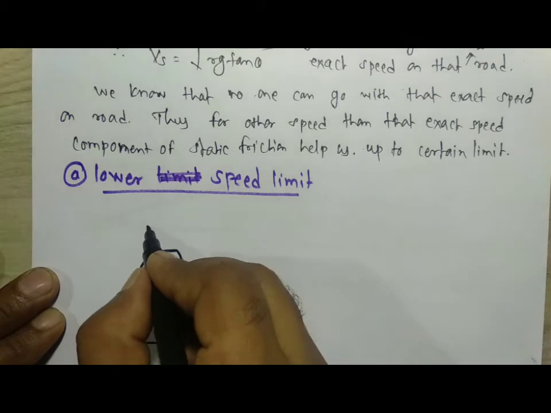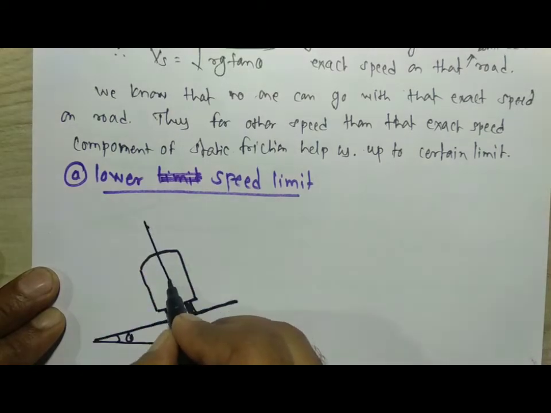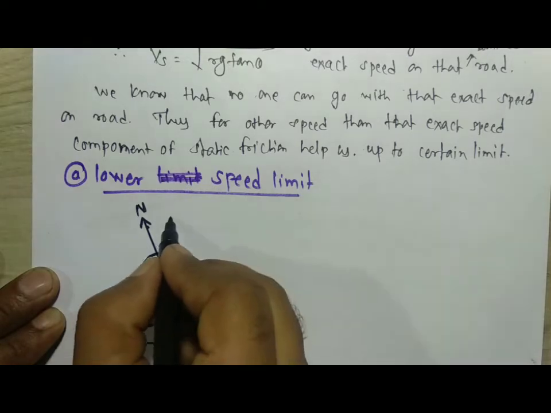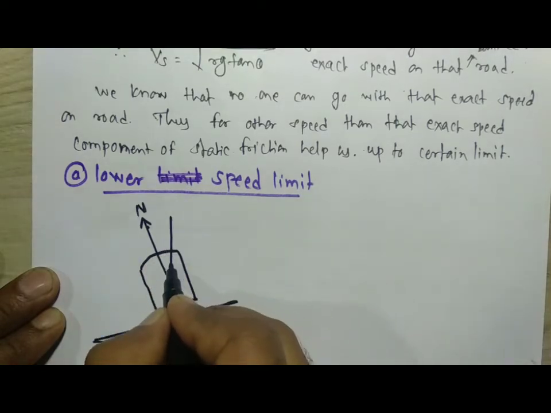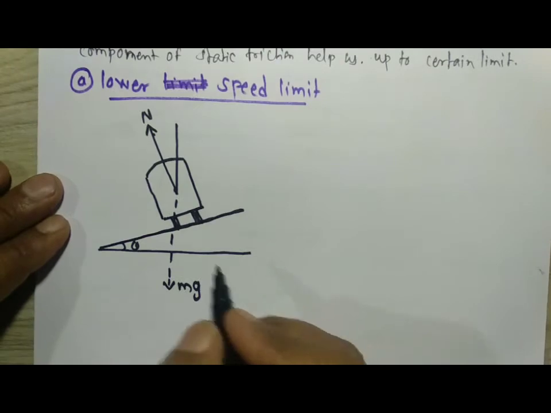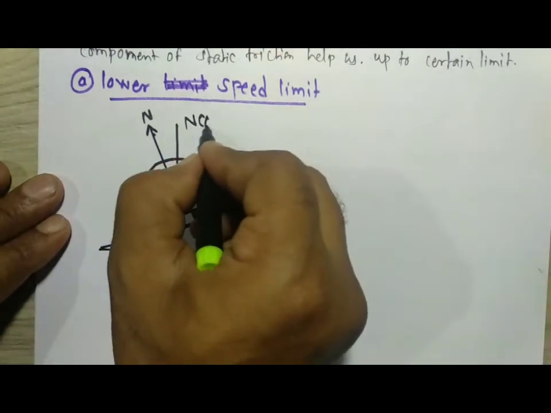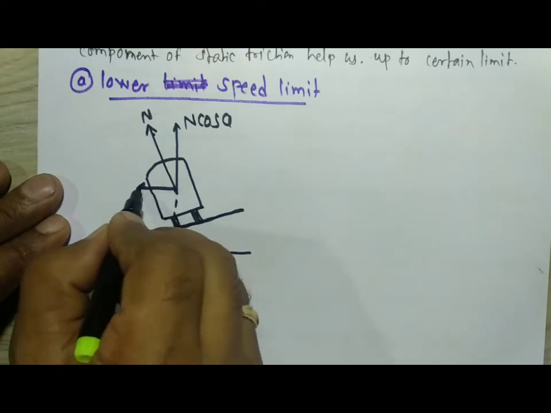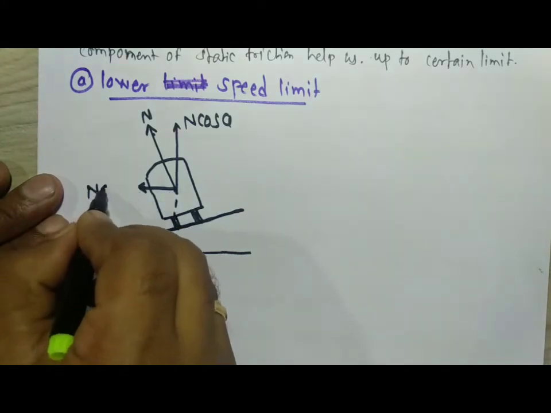At that time, the normal reaction is perpendicular to the road surface, and it is resolved into two components. One component is perpendicular to the horizontal surface, which balances the weight mg of the vehicle, and N cos theta is that component, and one horizontal component acting toward the center is N sin theta.